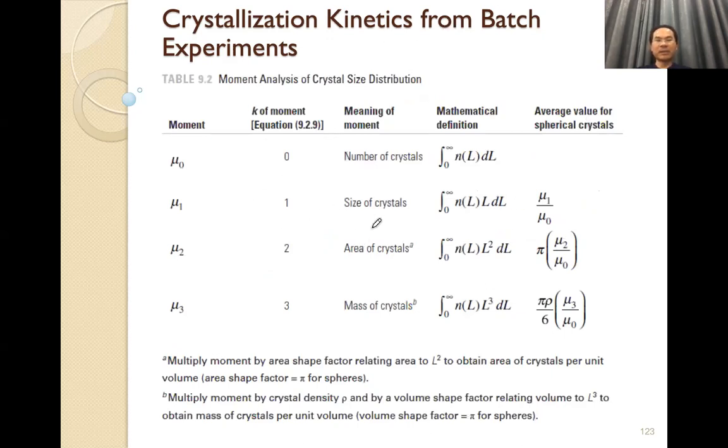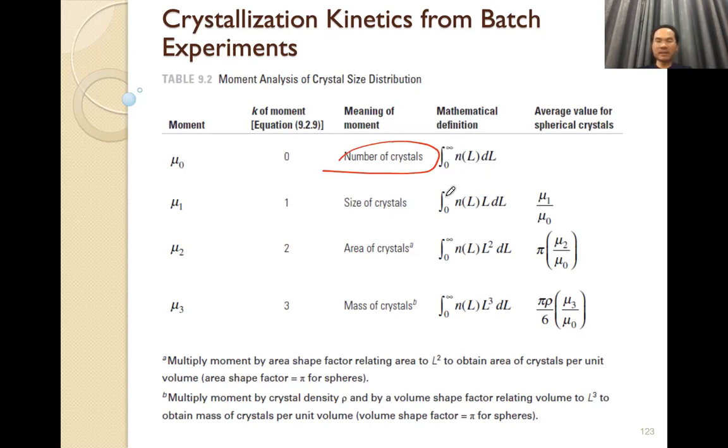Mu 0 is the integral of n(L) dL, the total number of crystals, integrated from 0 to infinity, meaning from L equal to 0 to L equal to infinity.